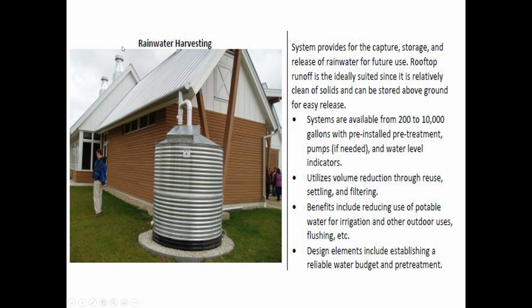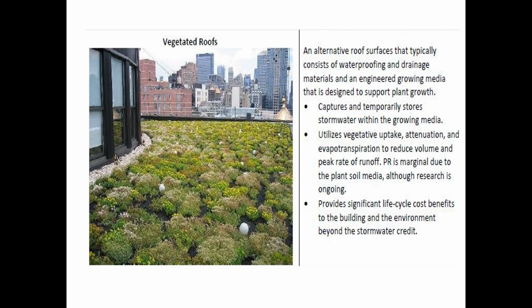Some spots are starting to focus on rainwater harvesting. This is especially valuable in arid climates. In Australia, they go to great lengths to make use of every drop of water through rainwater harvesting. Here in this building, we have sort of a vegetated roof.